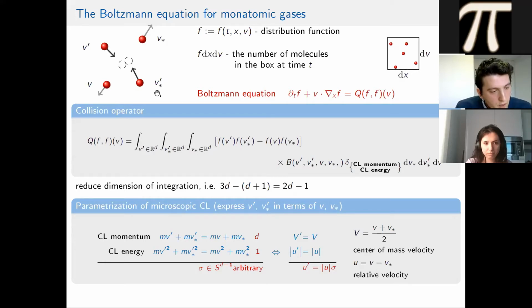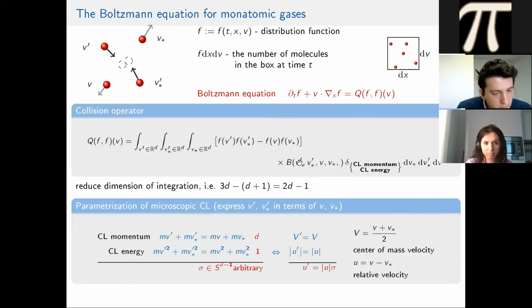The collision operator counts how the velocity of the particles is changed, meaning how you can get new particles. When you collide particles with velocities v prime and v star prime, as an outcome you have a new particle with velocity v, but you can also lose particles in the opposite direction of collision. That happens, and this term takes care of that.